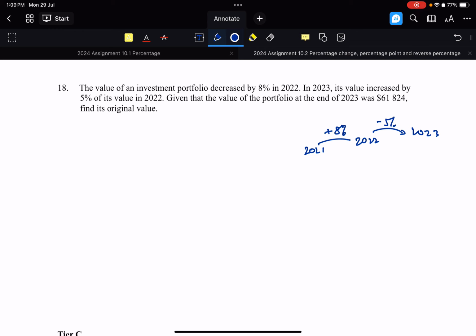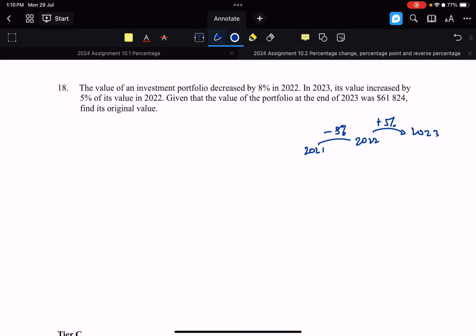Okay, so let's work step by step. We need to find the value in 2022. At the end, it is 61,824, and this is plus 5, right? And this is minus 8.